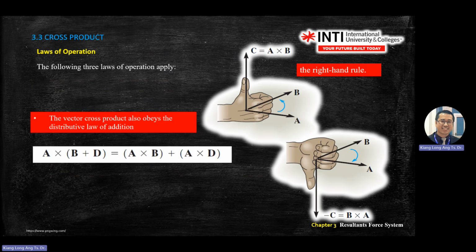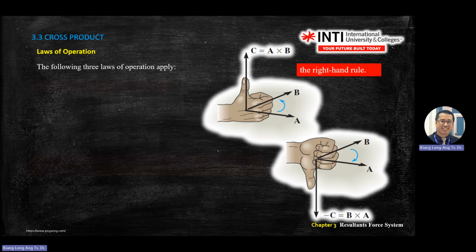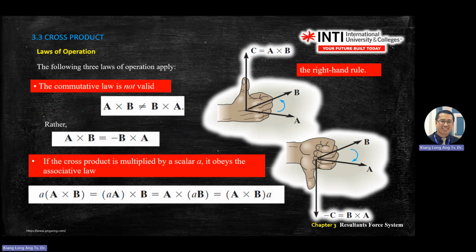So cross product also obeys the addition law. If you have A cross bracket B plus D, it is actually an addition of vectors, so the resultant vector is still the same magnitude, same resultant. So you can multiply across: A cross B plus A cross D is the same. So these are the 3 rules for when you want to use cross product.